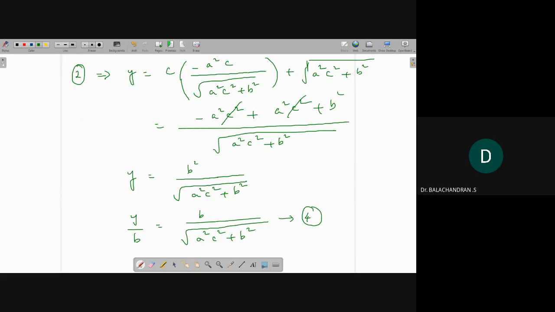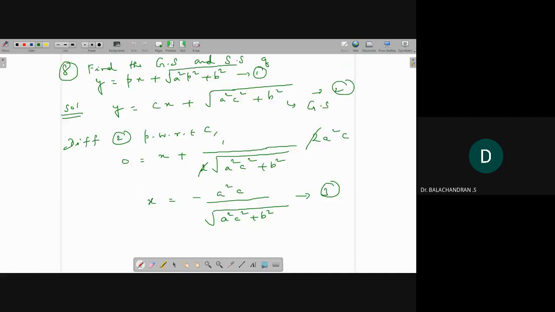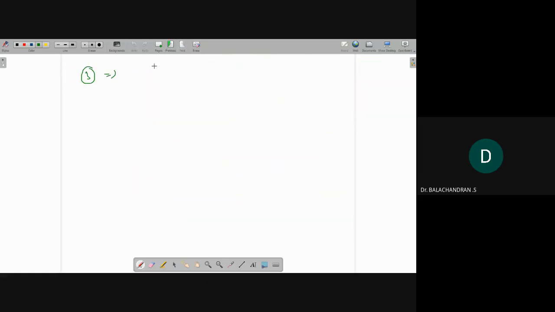Similarly, from 3, x by a equal to minus ac divided by root of a square c square plus b square.